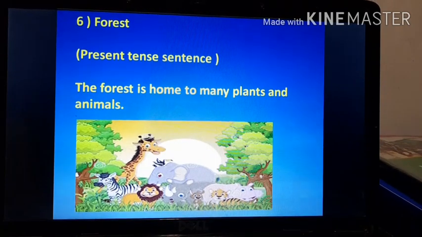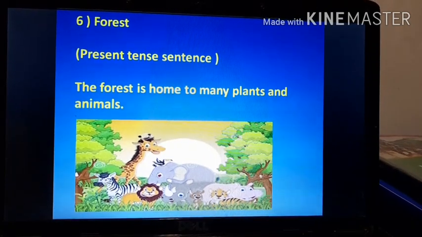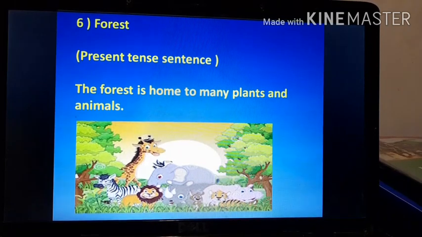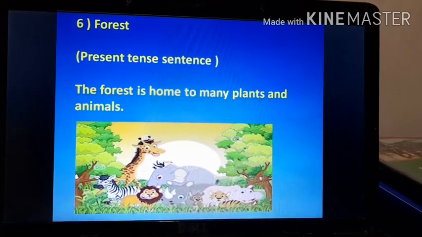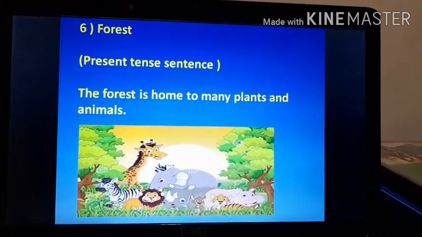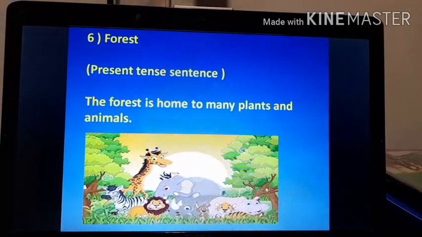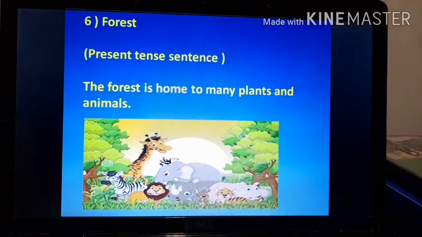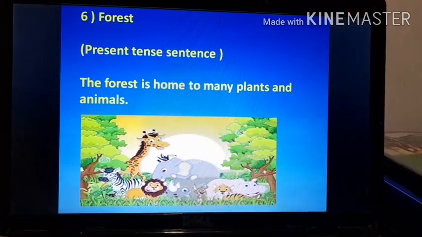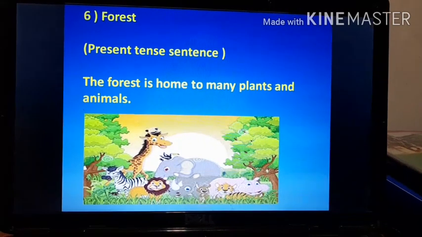They grow like us, so they also need to stay somewhere. So the forest is home to many plants and animals. You can frame the sentence on the word forest like this.